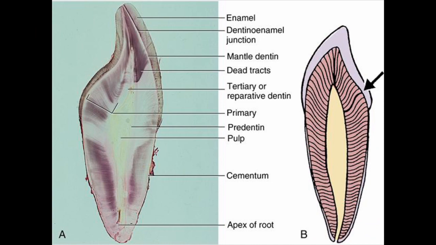Now, the quality of the tertiary dentine entirely depends upon the intensity and the duration of the stimulus. In case of a destructive stimulus, such as dentinal caries, the tertiary dentine is rapidly deposited.